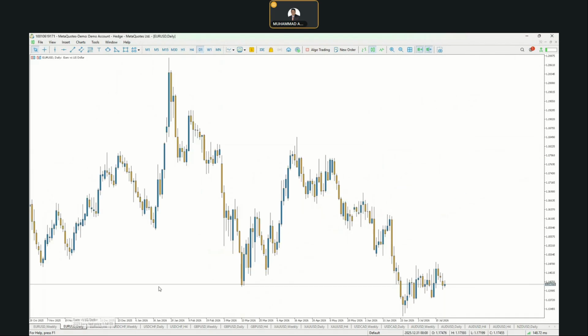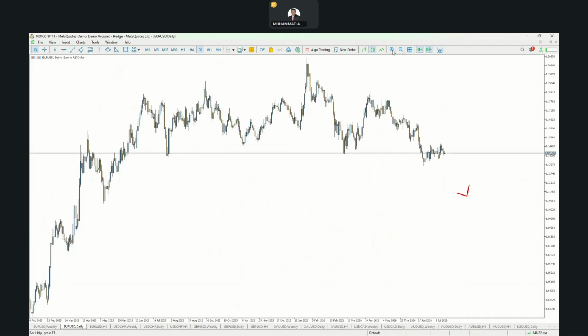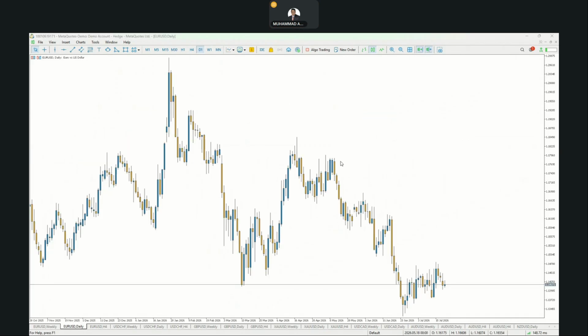So if we go over to the daily time frame, you can see that we got this rally in price action. I have highlighted this in yellow color. So we got the rally in price action previously over here, and even over here as well.